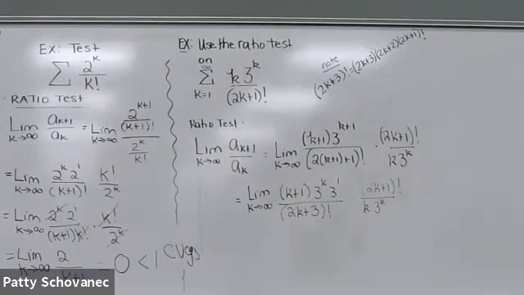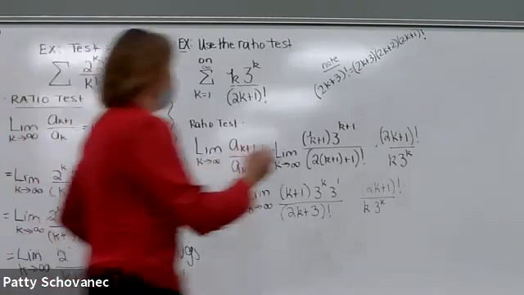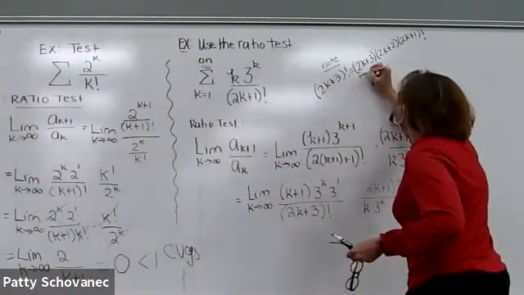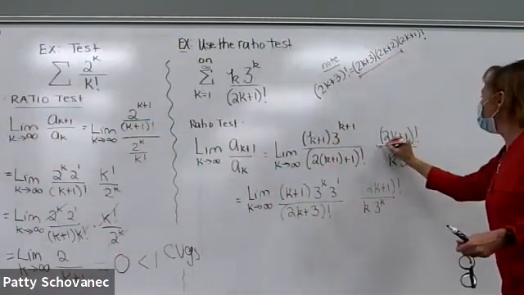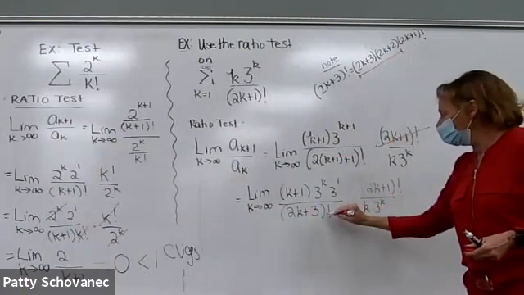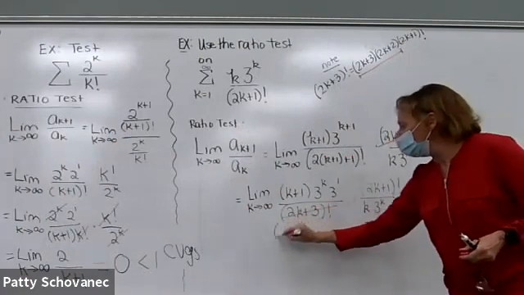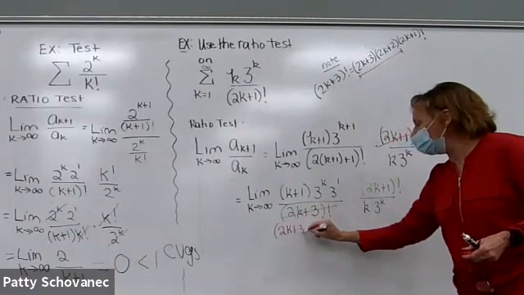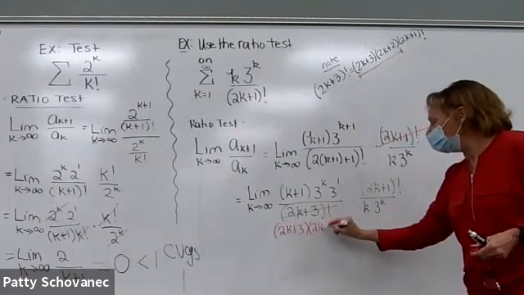So that means I can cancel the 2k plus 1 factorial, and it leaves me the product of 2k plus 3 with 2k plus 2. So these two terms are going to be left after I cancel the 2k plus 1 factorial. And that leaves me 2k plus 3 times 2k plus 2.